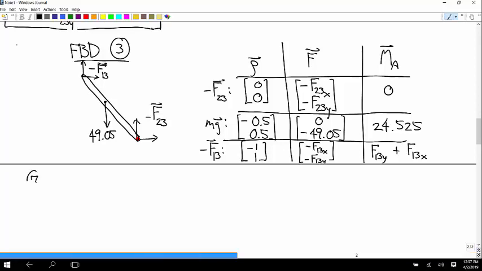So equation 7 says negative F23x minus F13x is equal to 0.